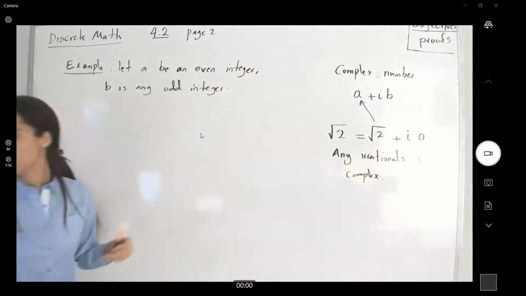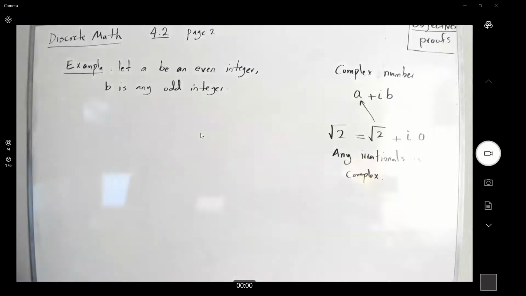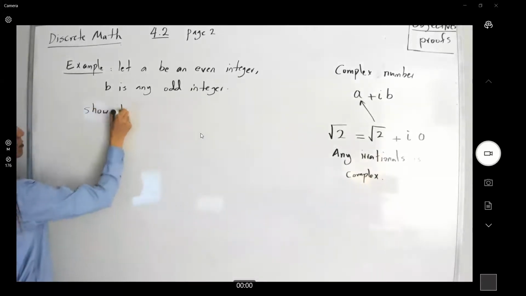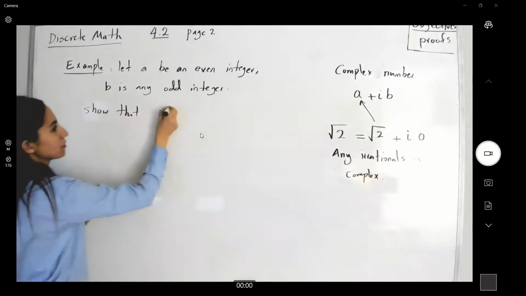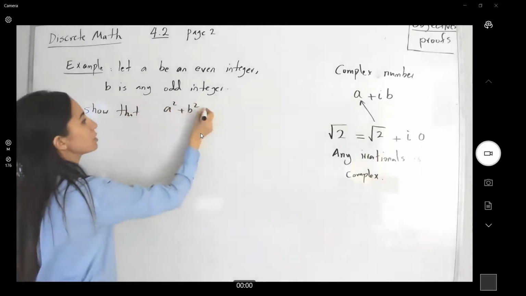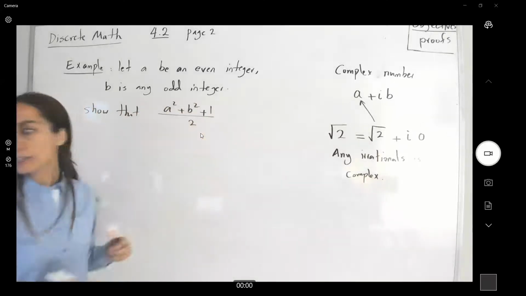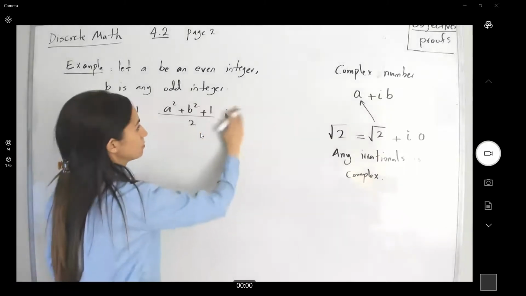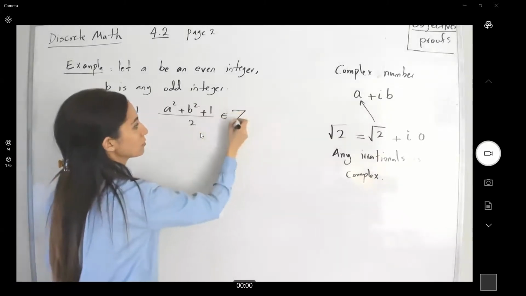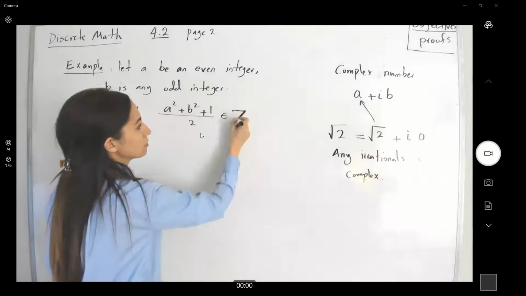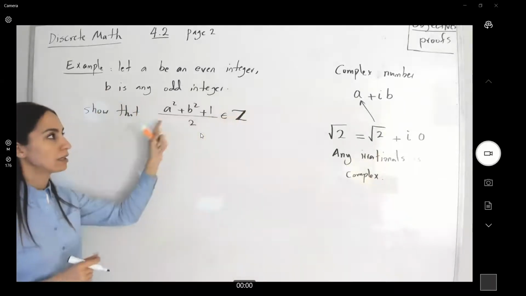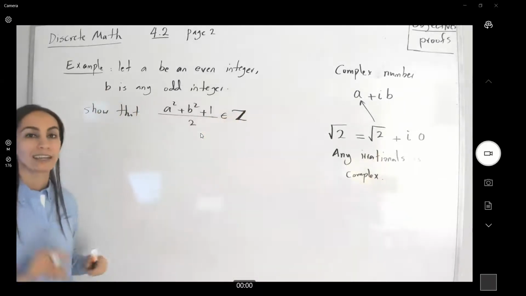Question says, show that (A squared plus B squared plus 1) divided by 2 is an integer. It belongs to Z. It says for sure show that it is definitely an integer.